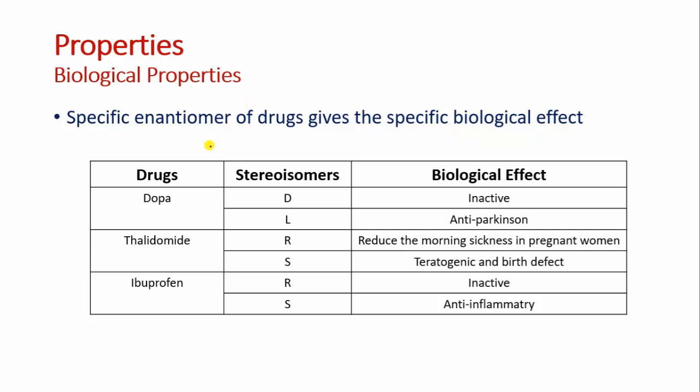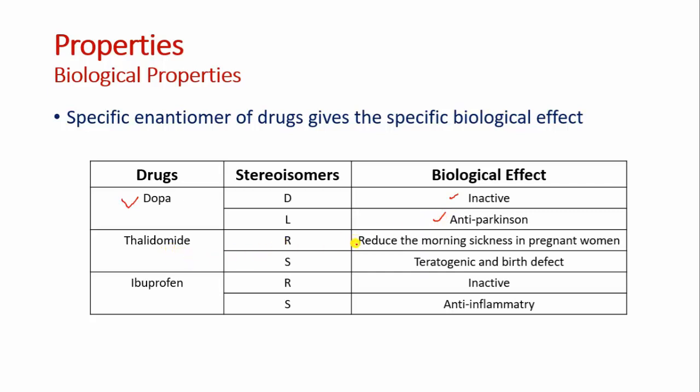Here are some examples that show the different biological effects of particular enantiomers. Here is DOPA. The D enantiomer is inactive and the L enantiomer is anti-Parkinson.